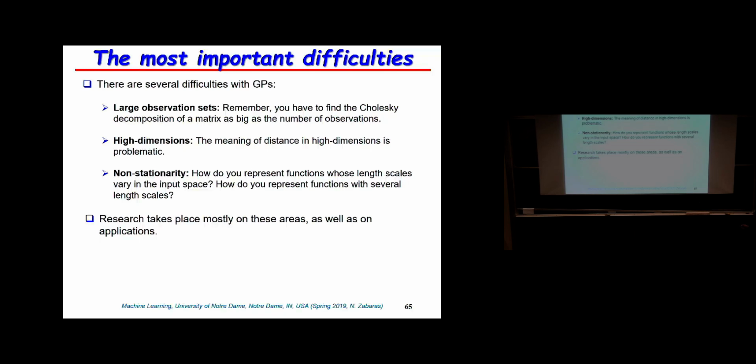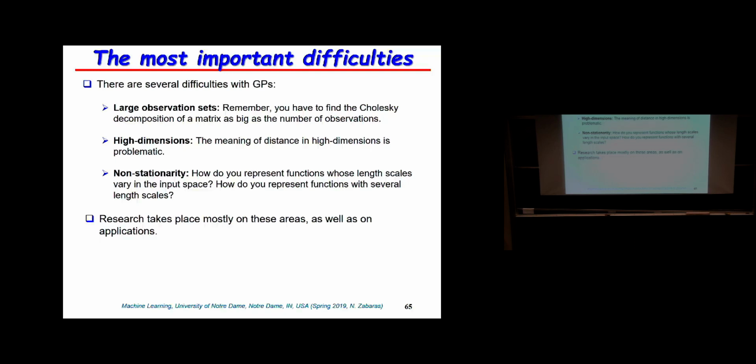The second difficulty is when you have high dimensions. These methods are in a murky territory because these kernels are based on a notion of distance, and distance in high dimension can mean different things.